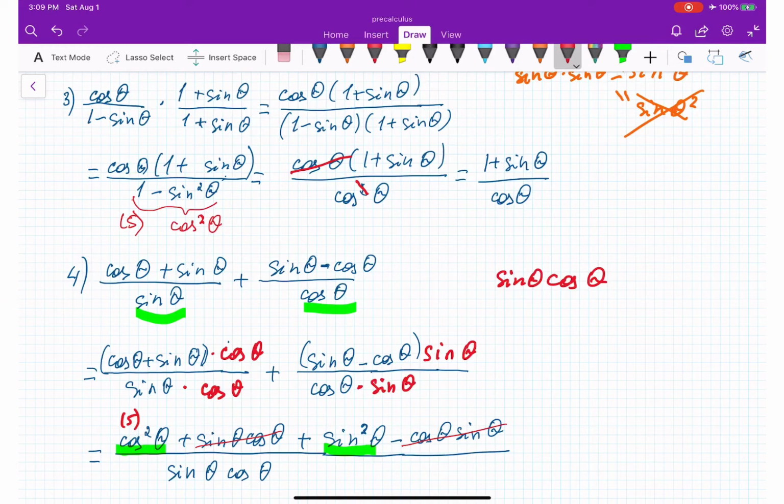Just like 3 times 2 or 2 times 3. Therefore, with a clean conscience, we are cancelling it, and the result is going to be, in the numerator we have 1, in the denominator we have sine theta cosine theta.